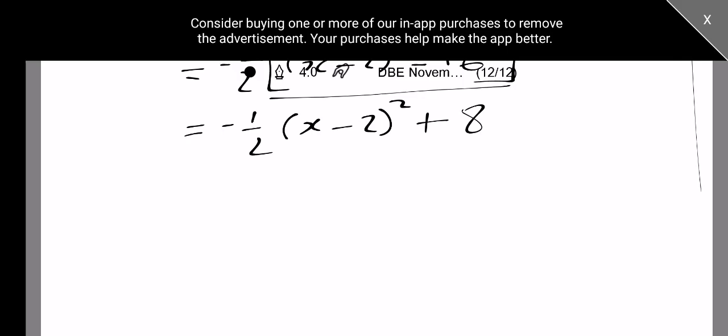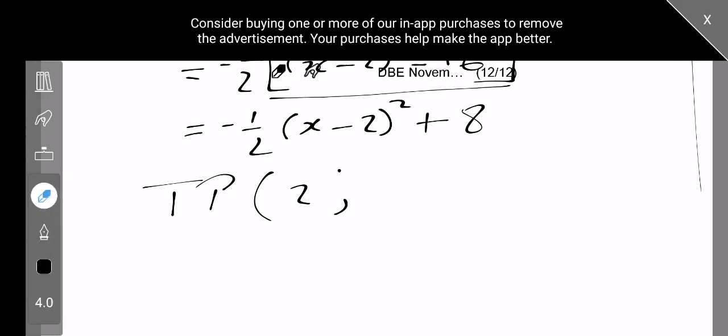Therefore, remember, from this we can determine our turning point. Our turning point is going to be 2. It's going to be negative 2. The reason I'm saying that, no, it's going to be 2. Yes, it is 2, not negative 2.